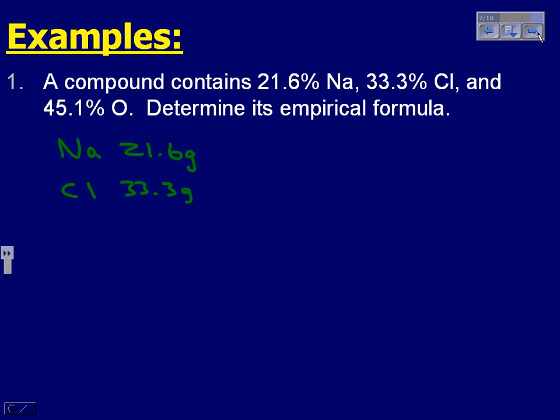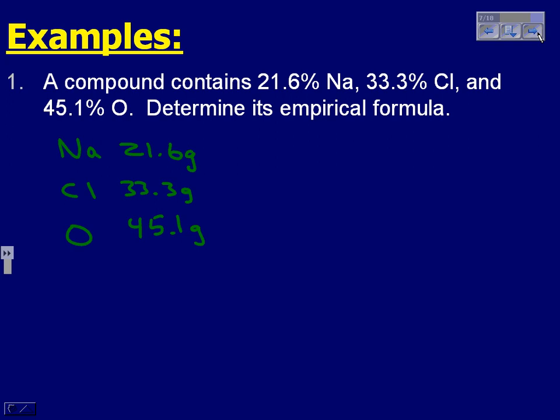And the last element is oxygen, and I have 45.1 grams of oxygen. So now I have the masses of each of those elements. Eventually I want to get moles, because I need to determine the ratio of the moles.